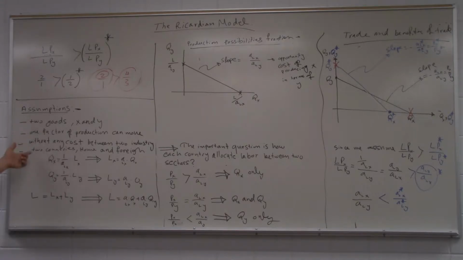We assume there are 2 countries, home country and foreign country. We assume that the production function is like this, because we assume just 1 factor of production. This is the production function in the good X industry, and this is the production function in the good Y industry.